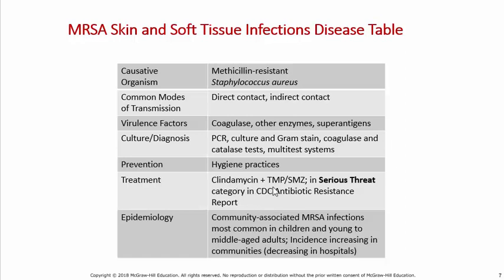And clindamycin is a protein synthesis inhibitor. So that combination seems to be effective. They also have things like Synercid and linezolid. I'm not sure if those are more for systemic infection of this, but those are some of the drugs that we typically use for MRSA.